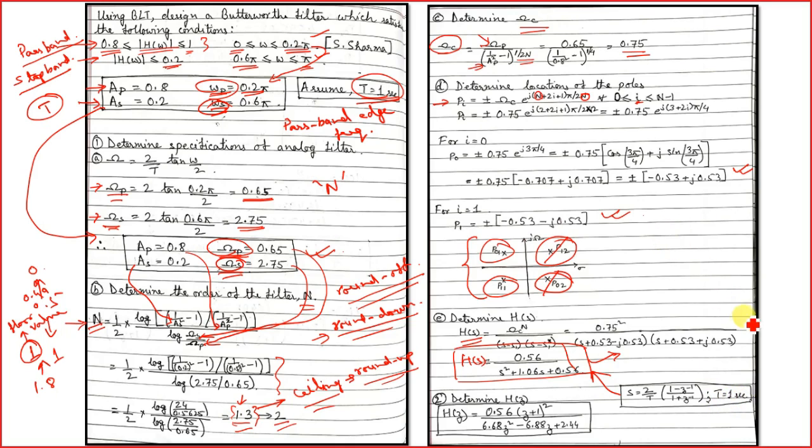Here capital T is not given, so we are assuming a value of 1. We put the value of 1 over here, and from here you calculate and get the H(z) value. So these are the two types of equations we get in the Butterworth filters.